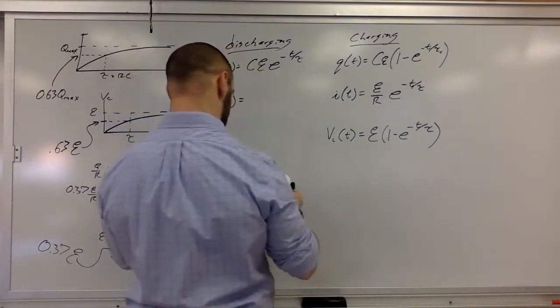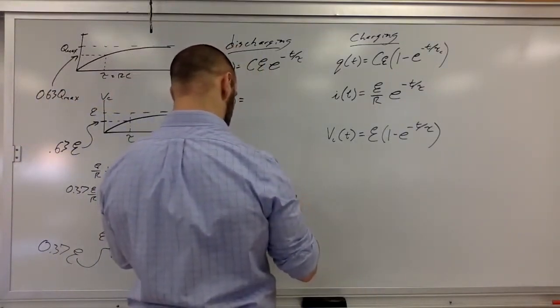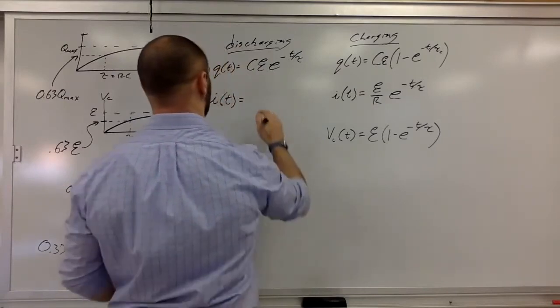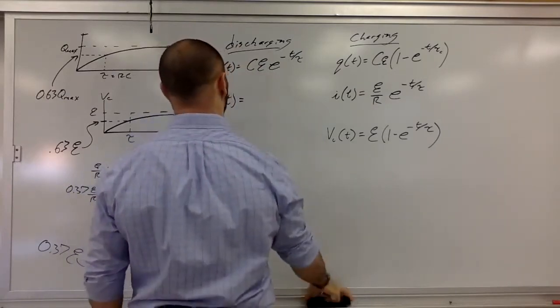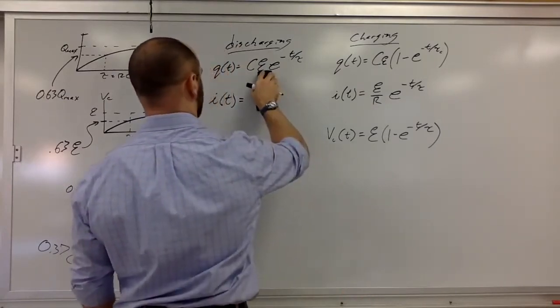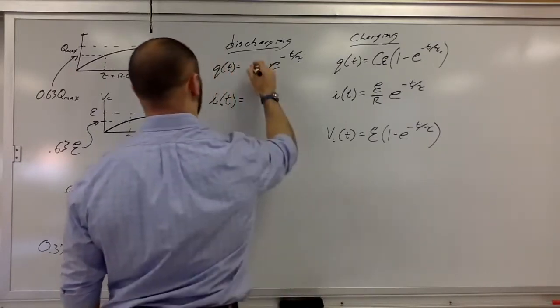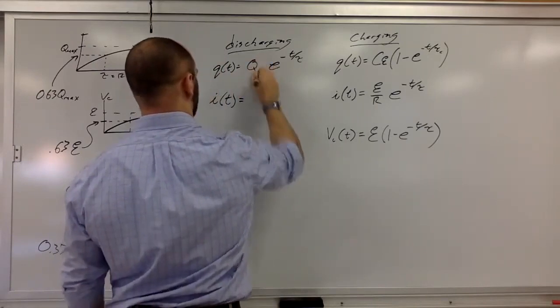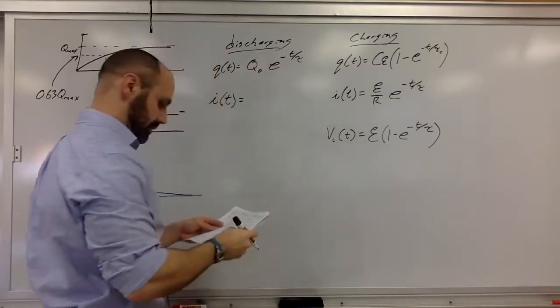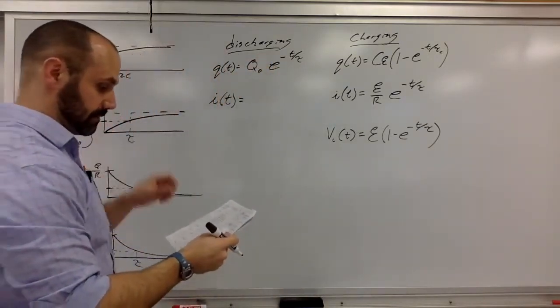So this is the initial, and the EMF. So C, this is given by Q naught. Right, so we could say Q naught, e to the negative t over tau. Here it's the lowercase q.